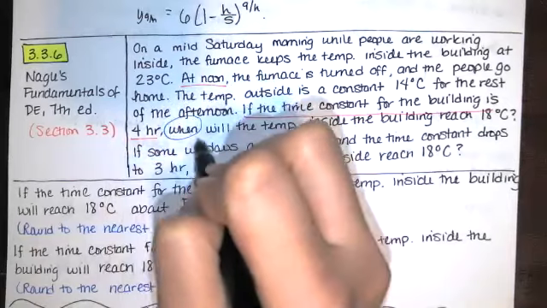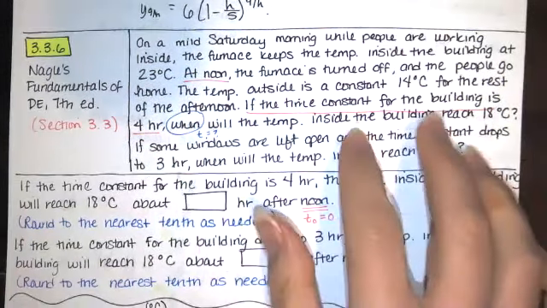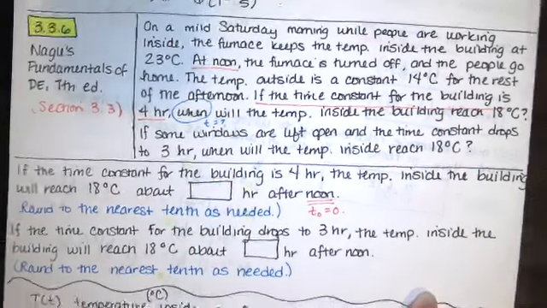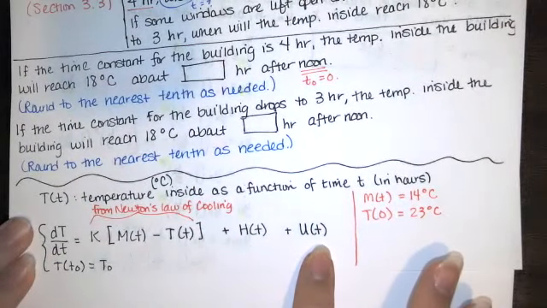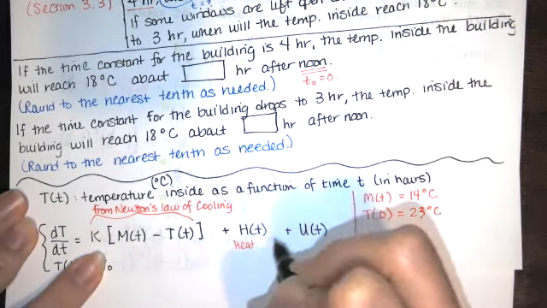So when means that they're asking for a particular time when T of T is equal to 18. Okay, and that's related to this idea of the time constant for the building. So in the discussion in section 3.3, we see that this is our differential equation. This is heat generated by people and other things inside.